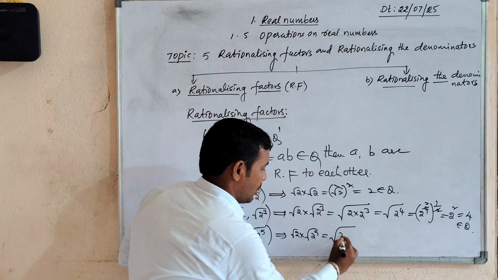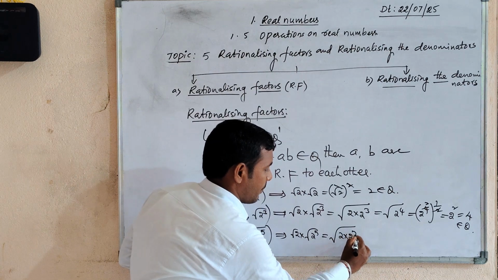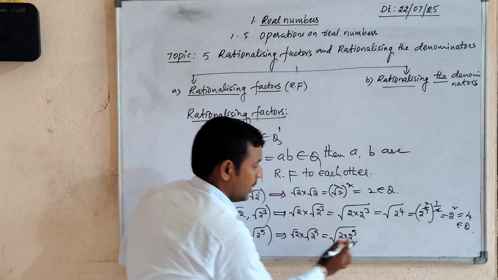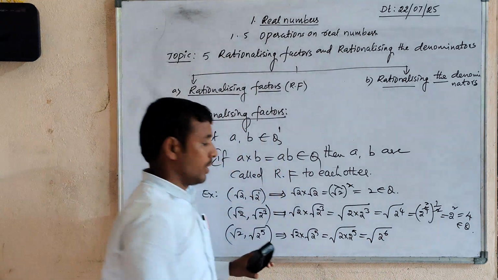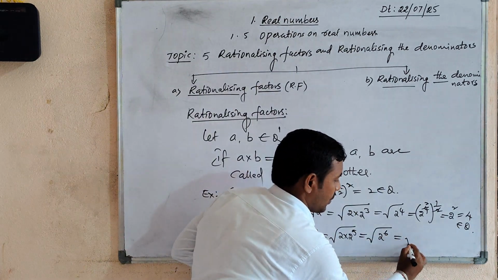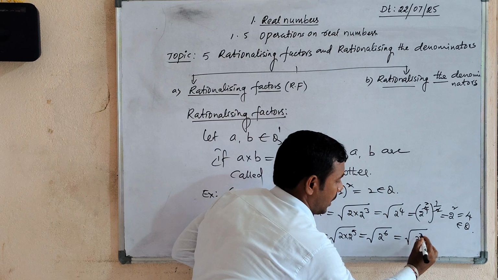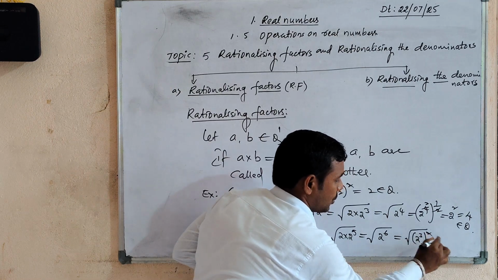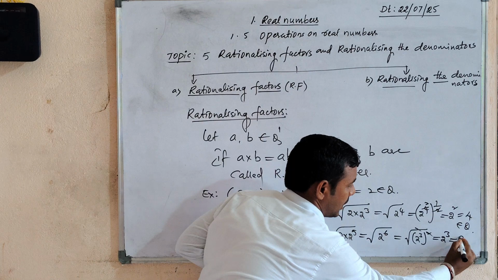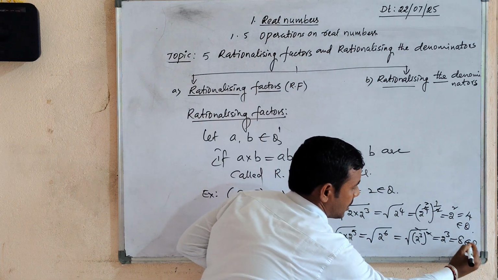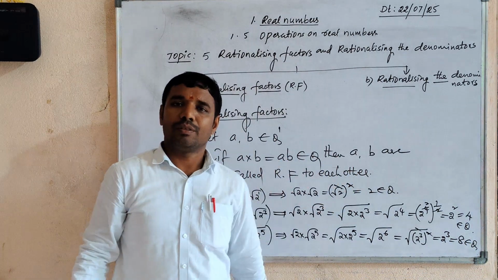Square root of 2 into 2 power 5, next, square root of 2 power 6, next, square root of 2 power 3 whole square. The square root cancels, 2 power 3, the answer is 8, which is rational.